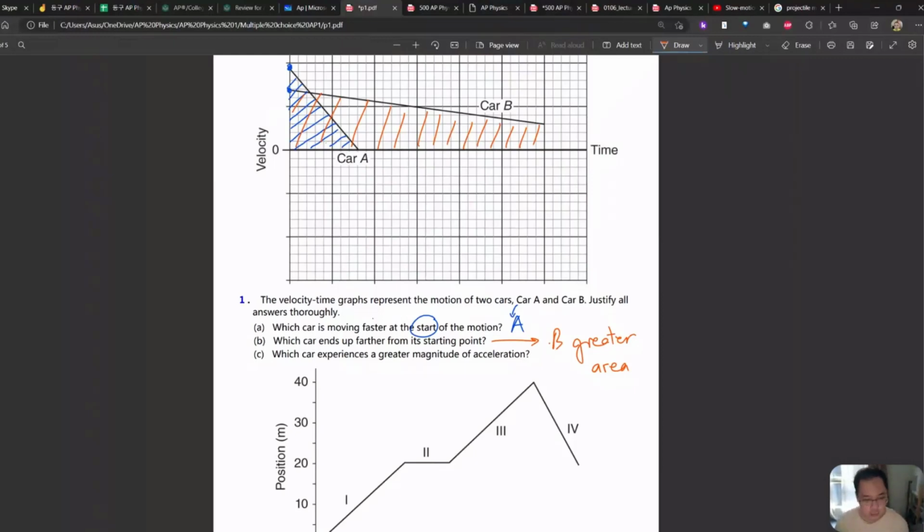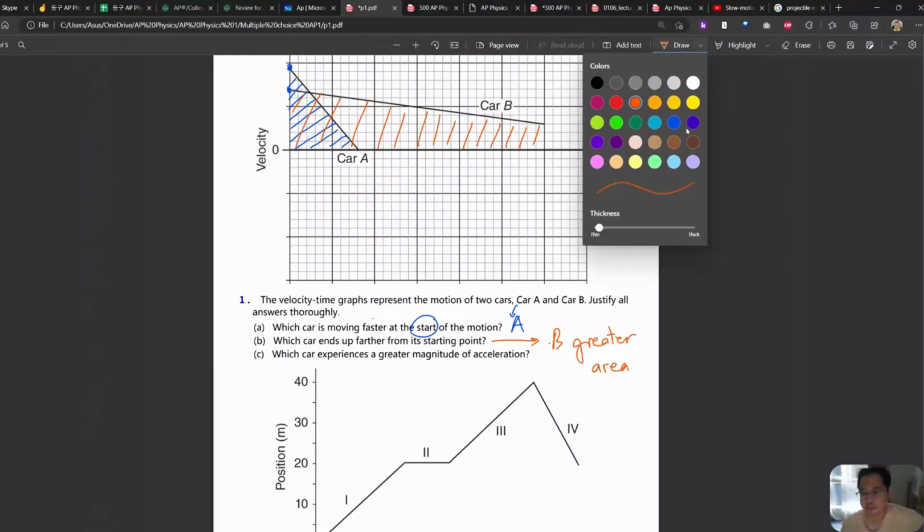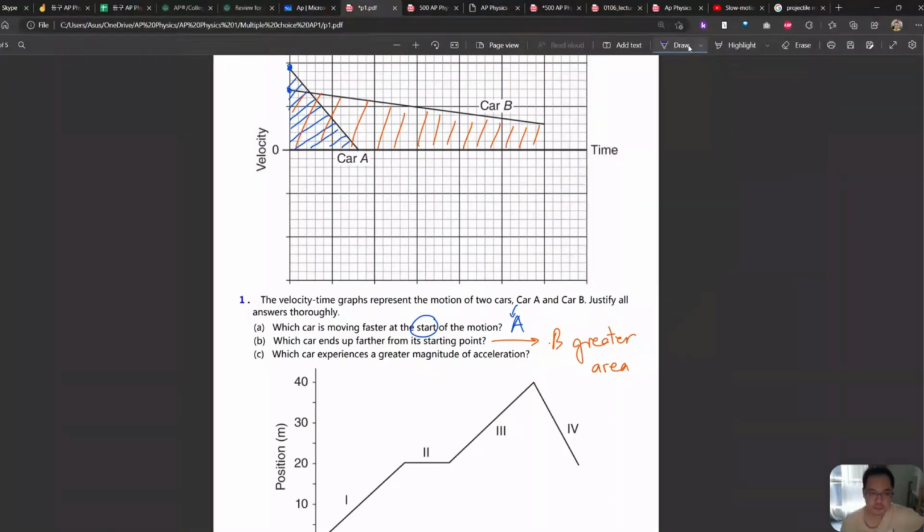Okay. Question C. Which car experiences a greater magnitude of acceleration? How do we understand acceleration in the graph? What does acceleration mean?